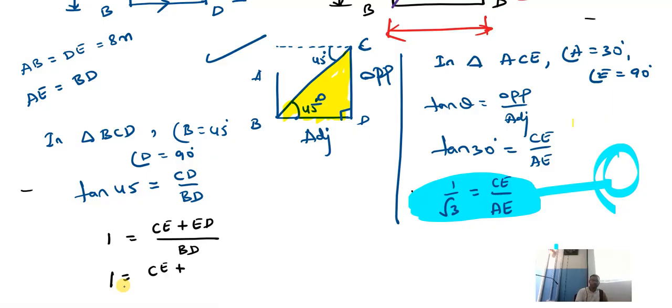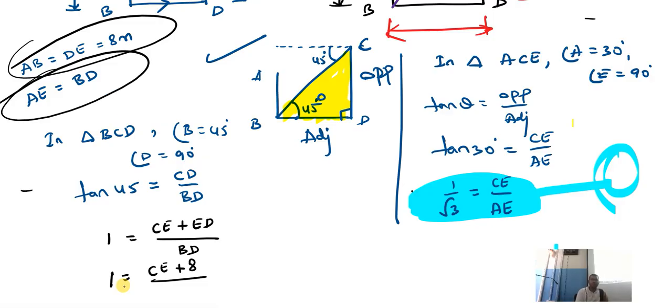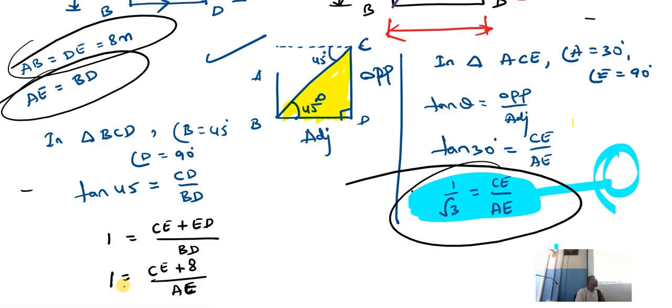AB and DE are the same, that is 8. What is BD? You take BD or you take AE, both are the same. Shall I write AE? Why am I using AE? To match this.